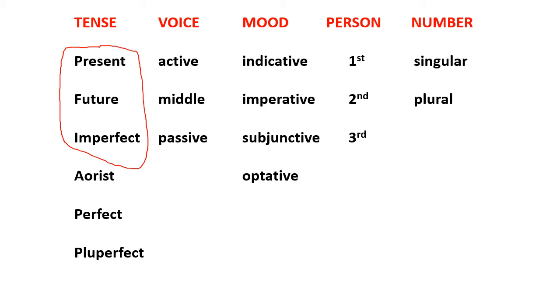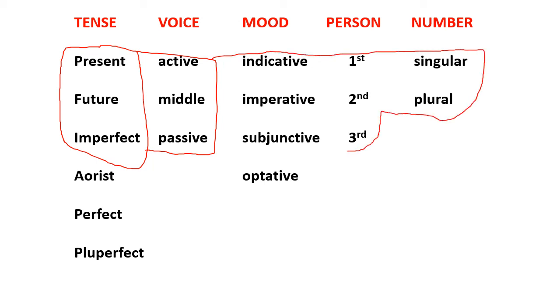And we've looked at all three voices so far for those forms, and only in the indicative mood and first, second, and third person in singular and plural. We haven't gotten to the imperative, subjunctive, and optative moods yet, but what we're going to do in this lesson is look at the aorist form now, so we'll be adding that. And just the first aorist form and the active and middle voice for this particular lesson. We'll get to the passive voice and the second aorist forms in a future lesson.